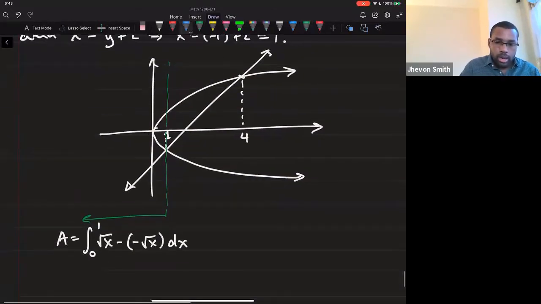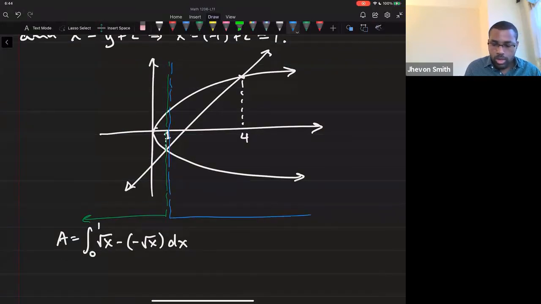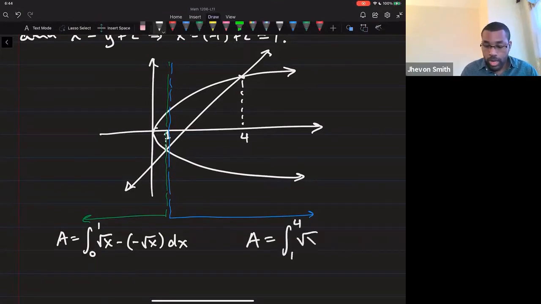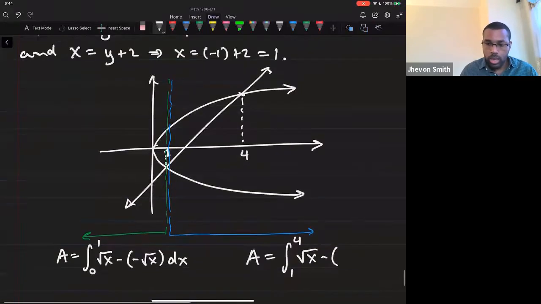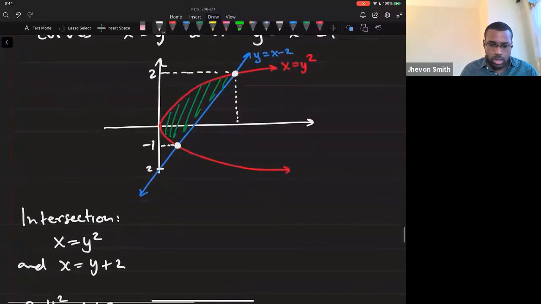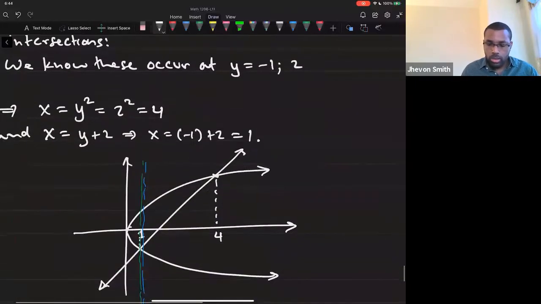And then from this over here, you would have the integral from 1 up to 4 of the top function, which is radical x, minus the bottom function, which is going to be x minus 2.